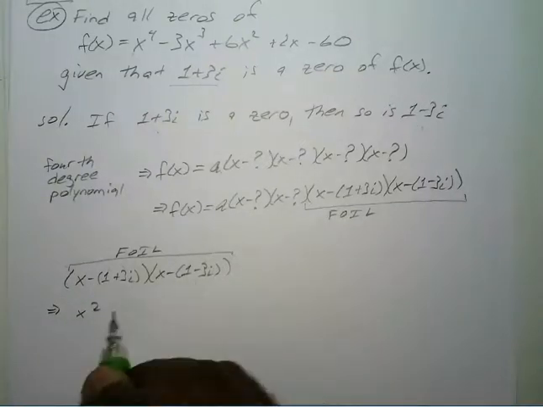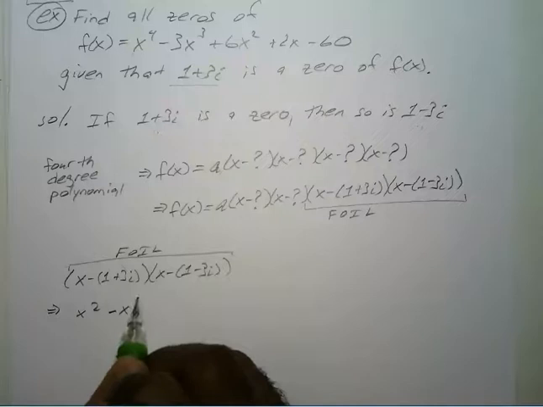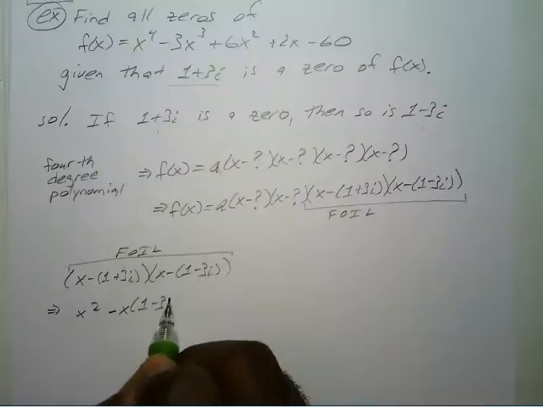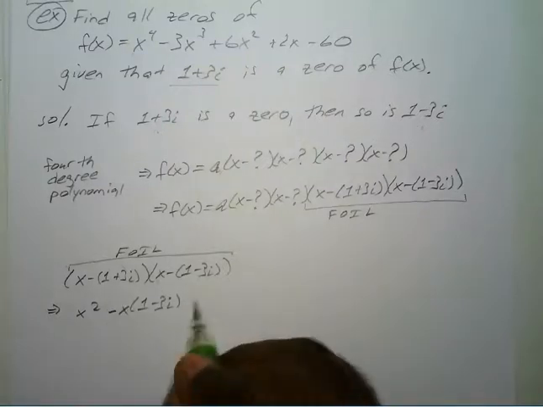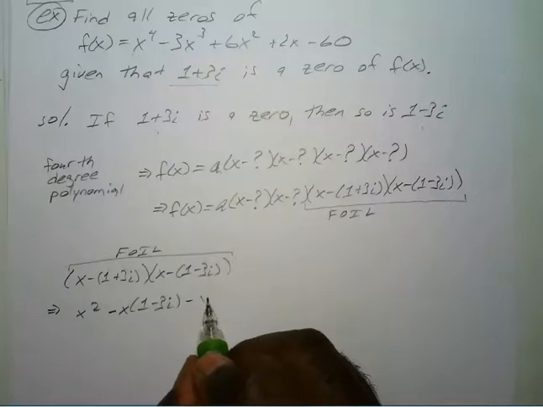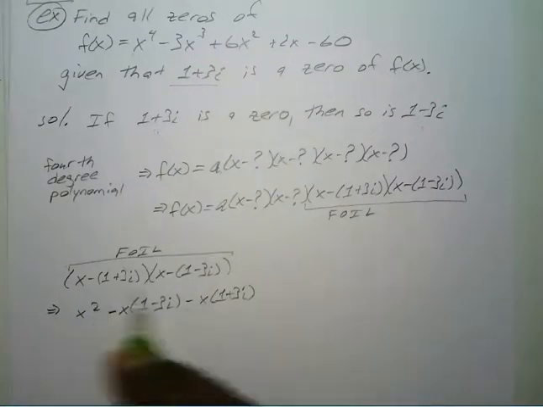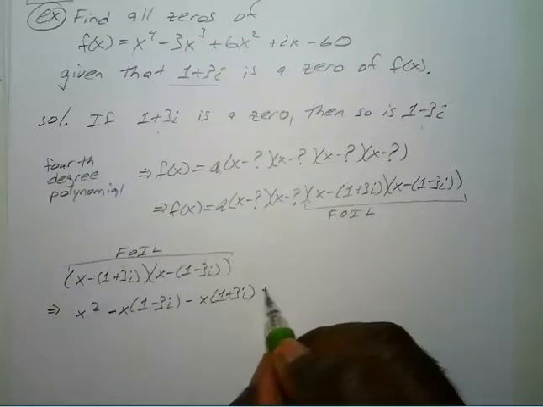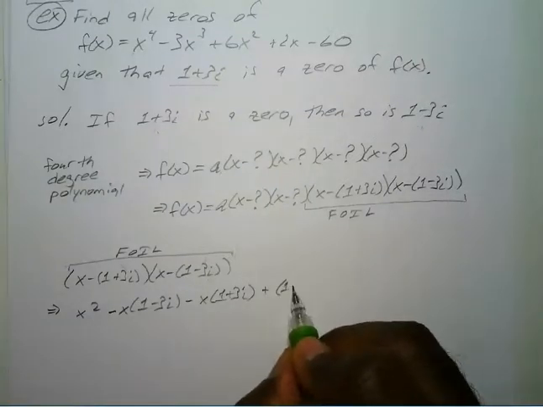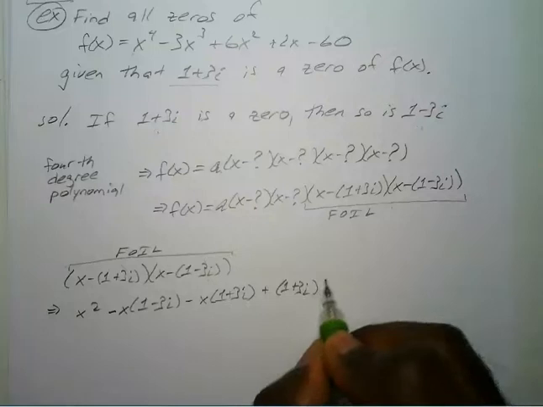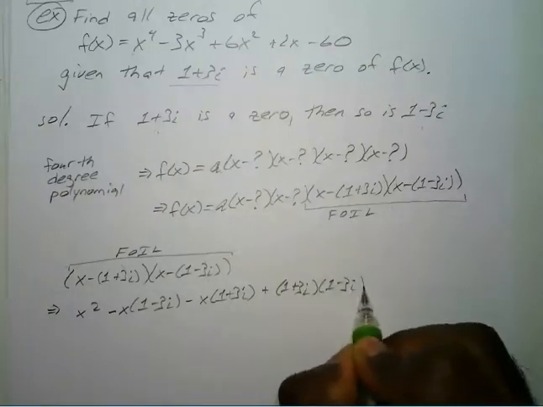Your outer is minus x times 1 minus 3i. Your inner is minus x times 1 plus 3i. And then your last is going to be plus 1 plus 3i times 1 minus 3i.